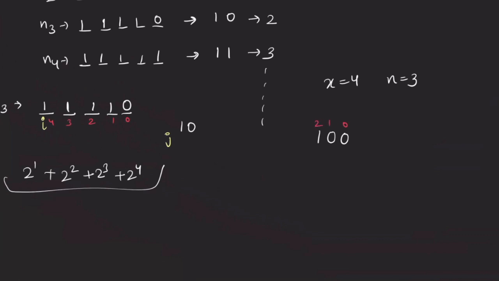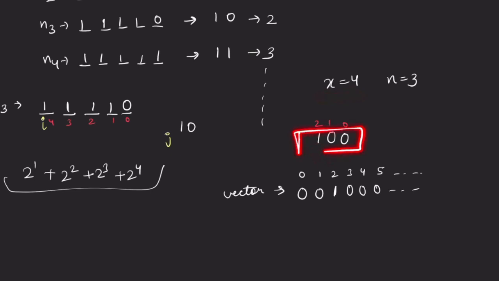Right. Now, when we are running our for loop, we are checking whether the ith bit is set or not, right? So if this is my vector, and it is having 0, 1, 2, 3, 4, 5 and so on indexes, then this 0 will be present here, this 0 will be present here, and this 1 will be present here, and the rest of the others will be 0. So what I'm trying to say is that x equals 4 in binary is 1, 0, 0.